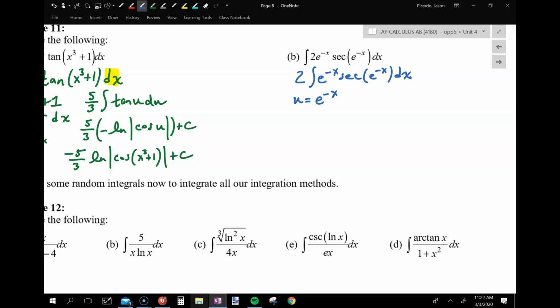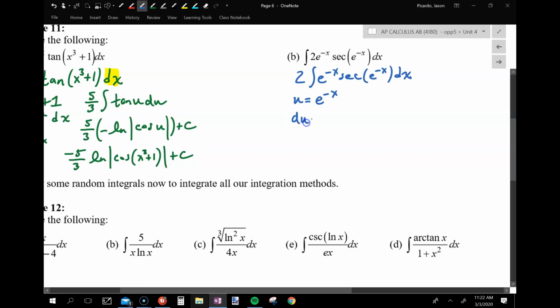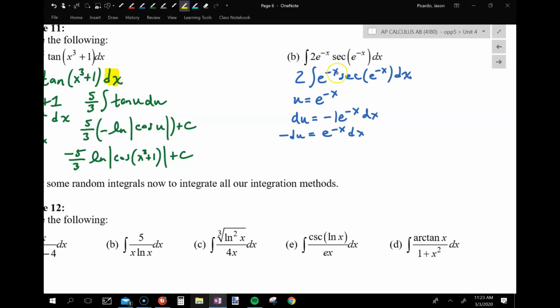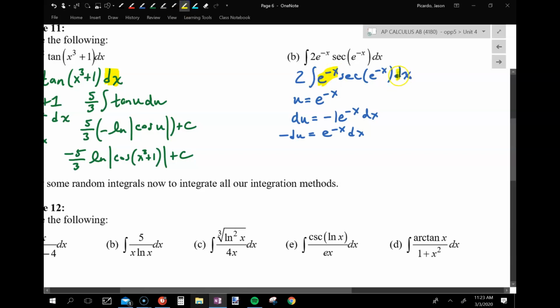So isn't it just -1 times e to the negative x for my derivative? All right, that's good news, right? Because if I now just divide by -1, all right, sweet. So that is this piece and this piece, right?